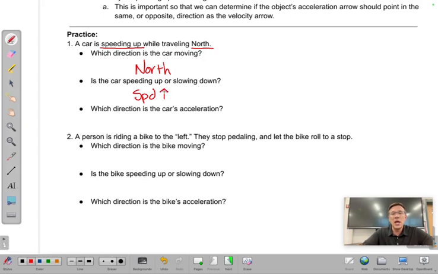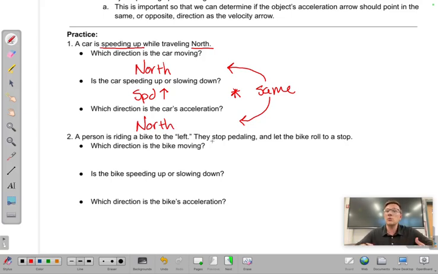And then which direction is the car's acceleration? Well, if the car is speeding up, then these 2 answers have to be the same. If an object is speeding up, the acceleration will be in the same direction that the object is moving in, or the same direction as the velocity.